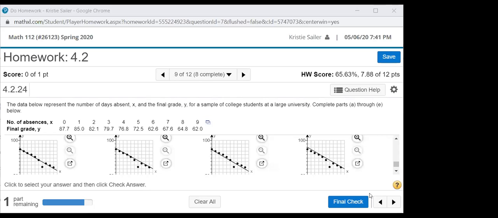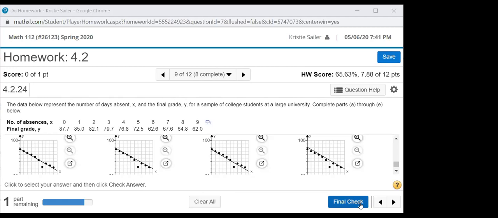So if your difference is negative, then you took away a larger number than you started with, which means your prediction was higher than your actual data. So the line would be above your data point, or your data point would be below your line, however you want to think about it.